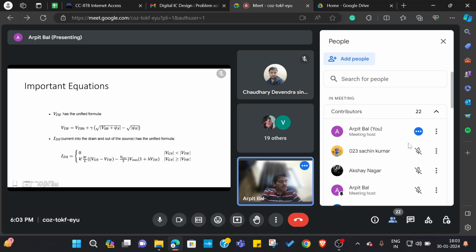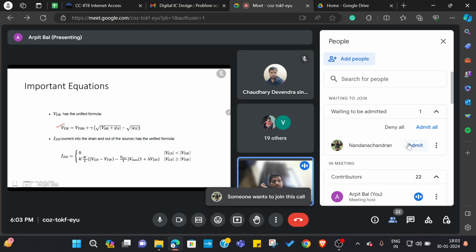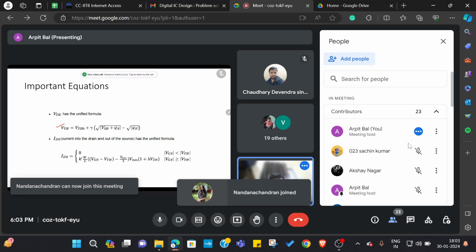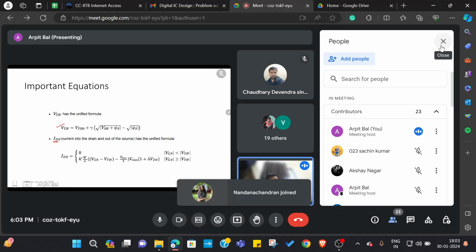I will suggest you guys to note them down. The first one is for the V threshold, the VTH equation, along with the body effect. The next one is the IDS, or the drain current equation.